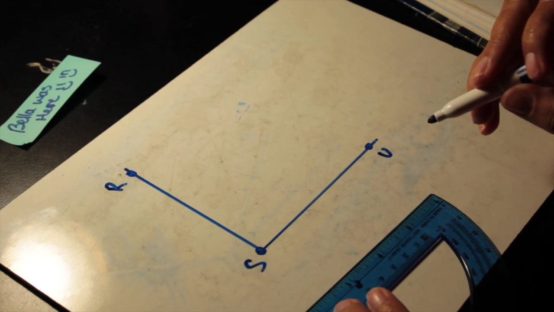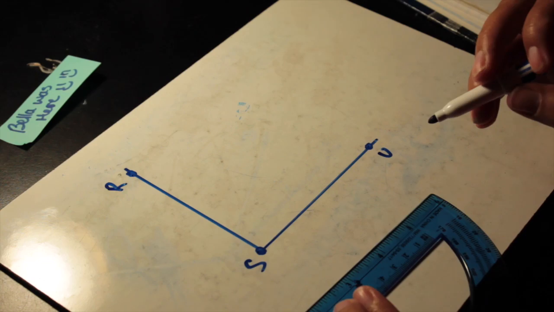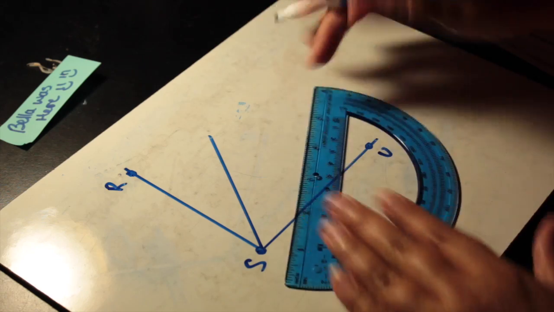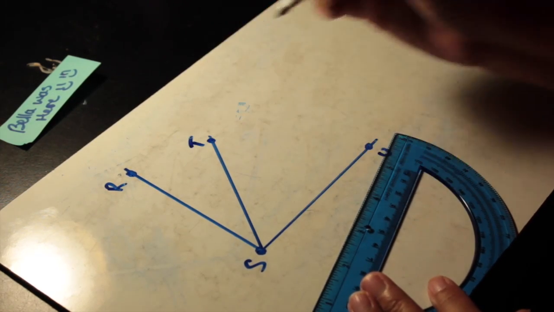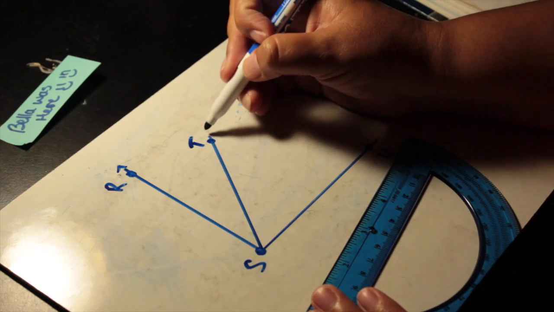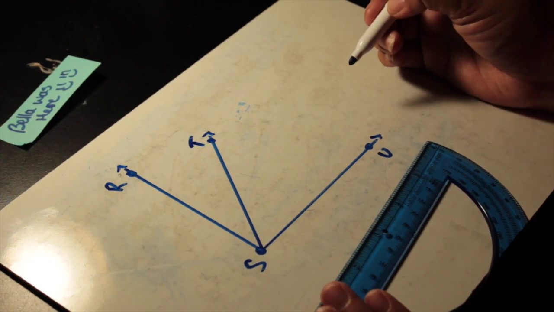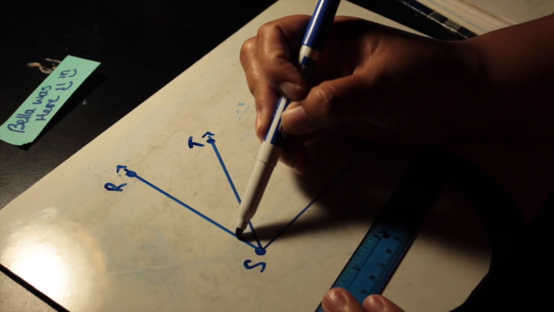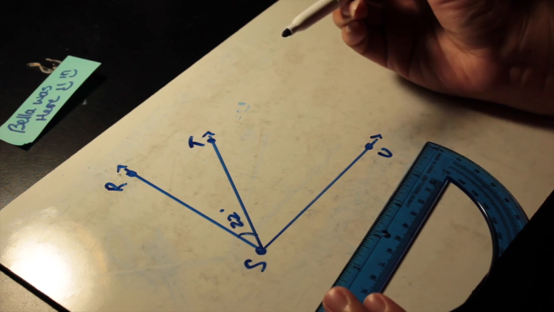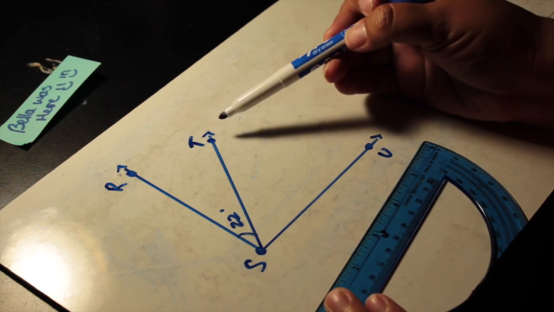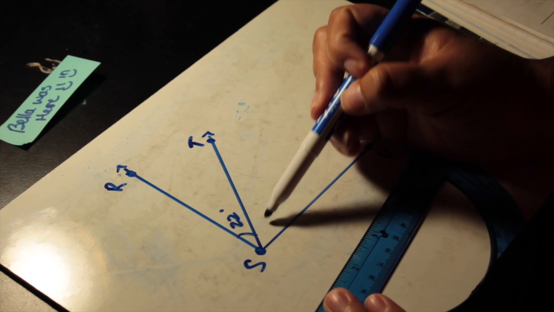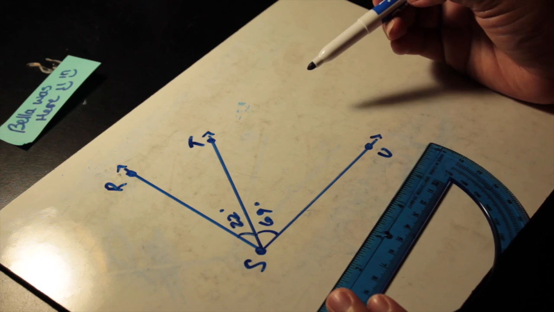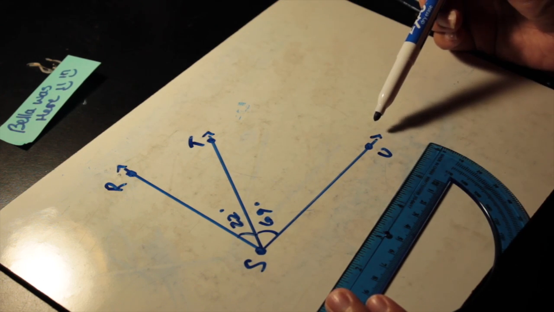There's an angle within the angle, like I said, and this is T. Let's put a little arrow so we can see the rays. The measure of RST equals 22 degrees. The measure of angle TSU is equal to 69 degrees. Find the measure of RSU.